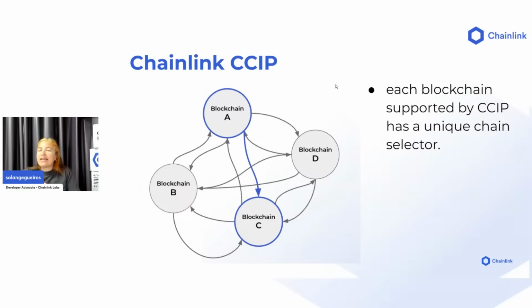And we create lanes to all blockchains that are implemented on CCIP. Each blockchain supported by CCIP has a unique chain selector, and this chain selector is the key to identify this blockchain and to have lanes to all of them.